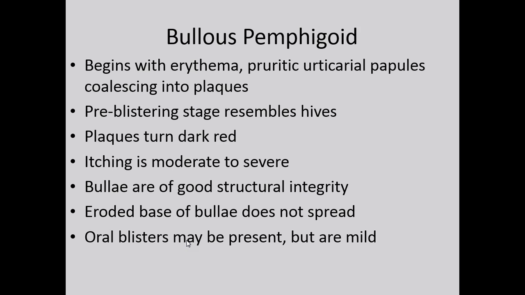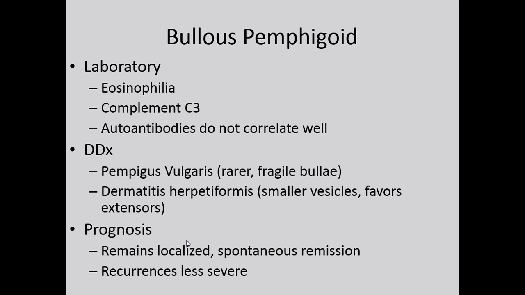Itching can be moderate to severe, so it's going to be more like dermatitis herpetiformis. And the bullae, this is the big difference between foliaceus and vulgaris: bullous pemphigoid is going to have good structure and integrity, so the bullae are still formed, and they do not spread like vulgaris. So let's take a look.